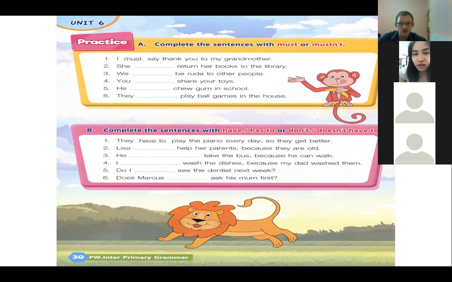What is our answer going to be? Must or must not? Must. She must return the books to the library.